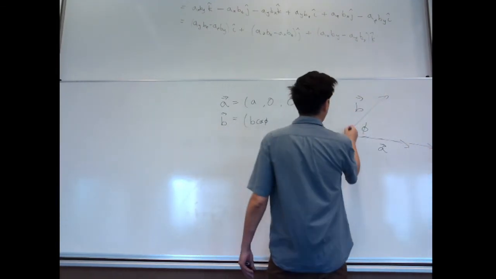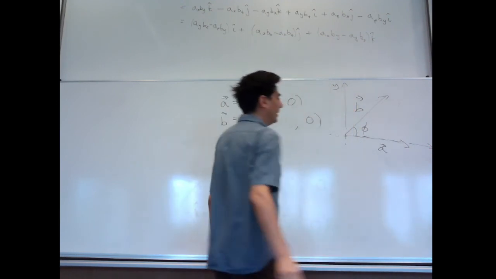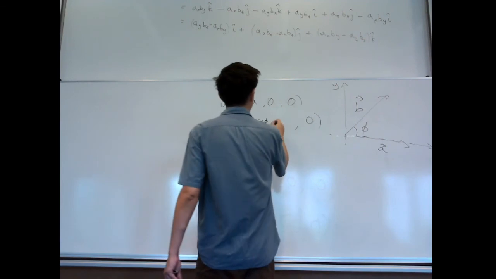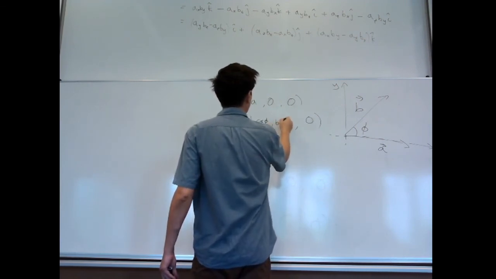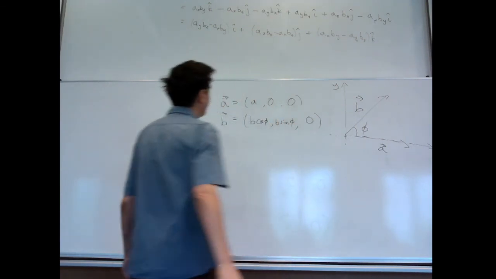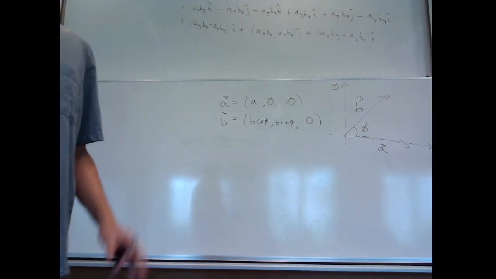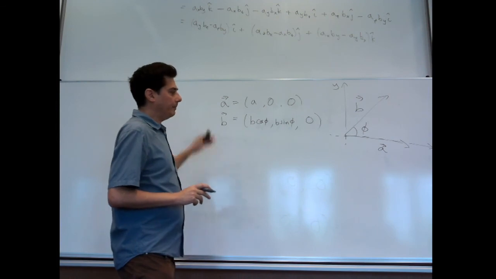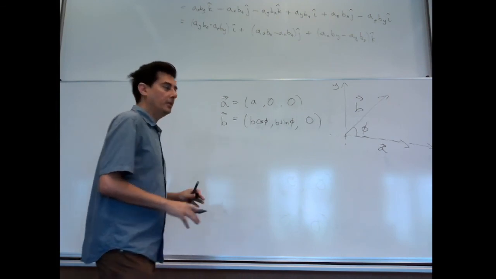And we're going to define the y-axis this way. The z-axis will be right into the board. So this will be b cosine phi, and this will be b sine phi. So we can always choose our coordinates in this particular way for any arbitrary vectors.